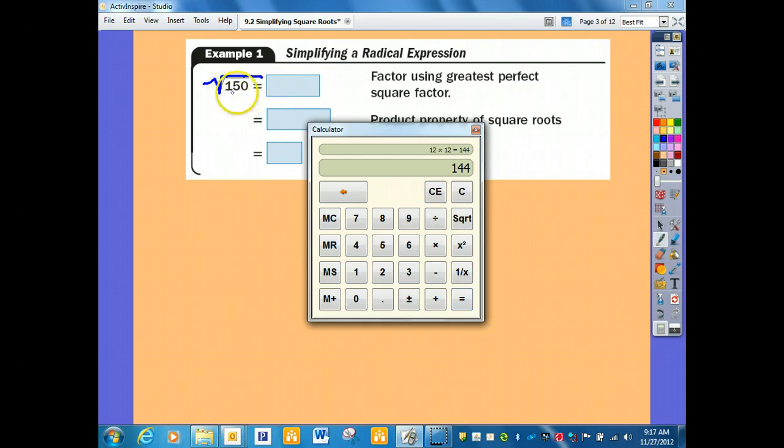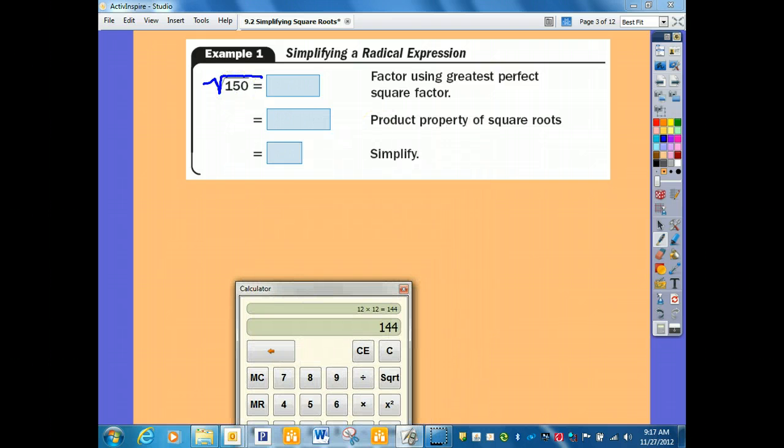Is that not close to 150 when we hit that on our calculator? So if I rewrite this as the square root of 12 times 12, that's 144. Can I take it times anything else to get 150? Yes or no?